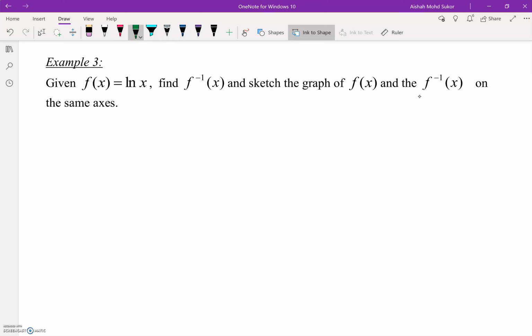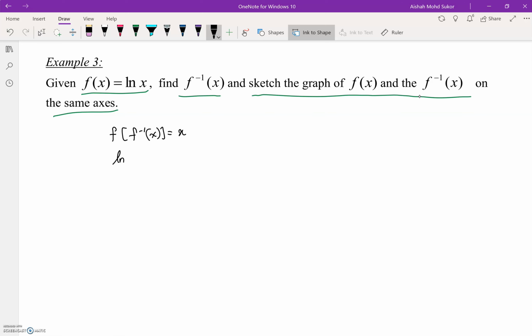Example 3. Given f(x) equals ln x, we need to find the f inverse and sketch the graph of f(x) and f inverse(x) on the same axis. So to find f inverse, f(f inverse(x)) is equal to x. We need to substitute f inverse into the f function.